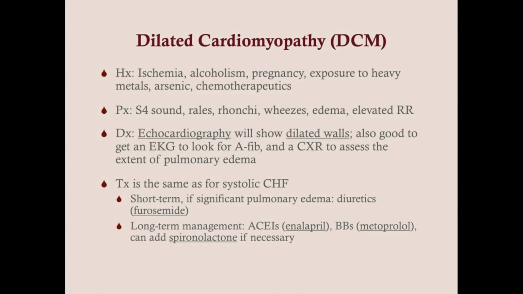Maybe doesn't have coronary artery disease, but they have a long history of severe alcoholism. You could see this come up in an OBGYN patient who's pregnant, maybe 4 weeks prior to term or 4 weeks after term. You can see this in a patient that is exposed to heavy metals. You can see this in a patient that's exposed to arsenic. You can see this in a patient that's getting chemotherapy.